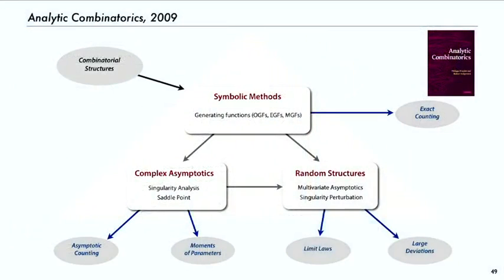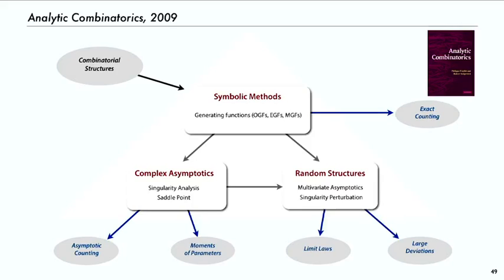This is an overview of what's inside, how it's related, and what comes out. The first thing is the symbolic methods, the symbolic transfer theorems for labeled objects, unlabeled objects, and parameters, corresponding to ordinary, exponential, and multivariate generating functions.